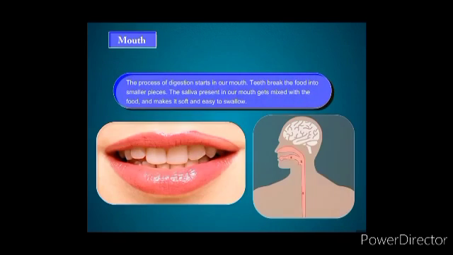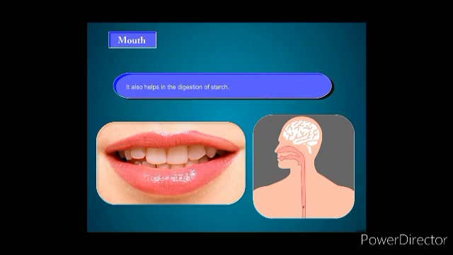Mouth. The process of digestion starts in our mouth. Teeth break the food into smaller pieces. The saliva present in our mouth gets mixed with the food and makes it soft and easy to swallow. It also helps in the digestion of starch.